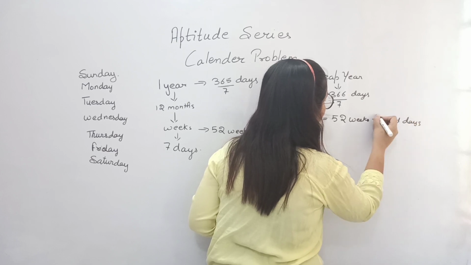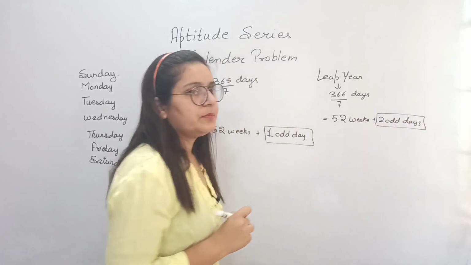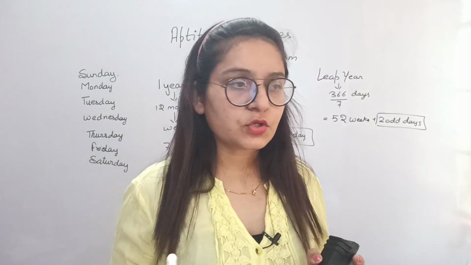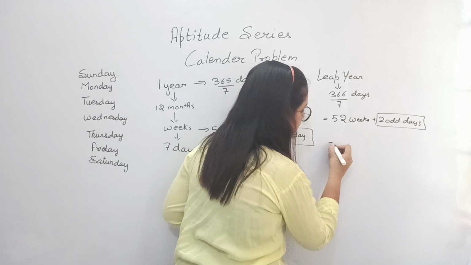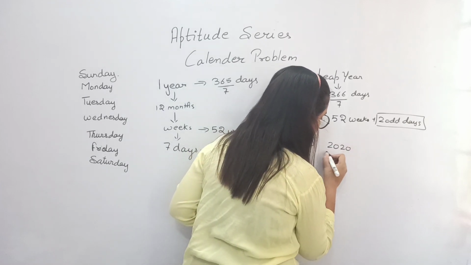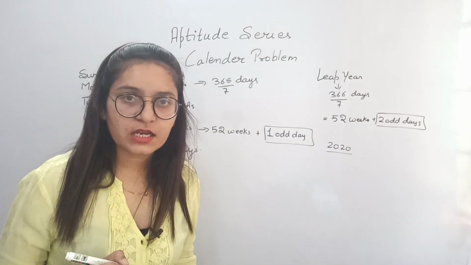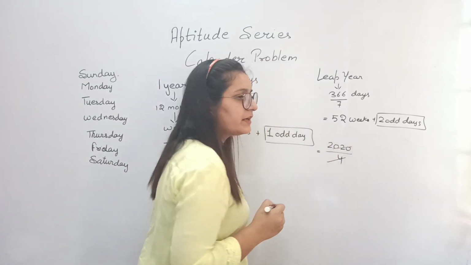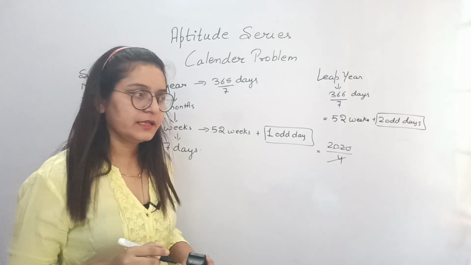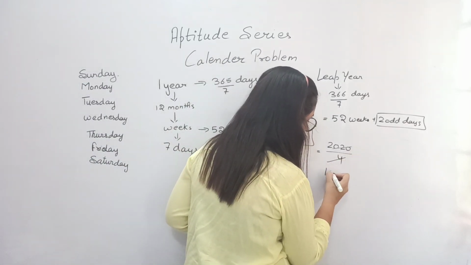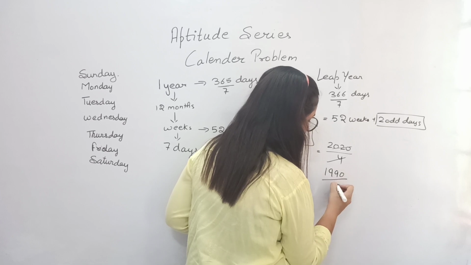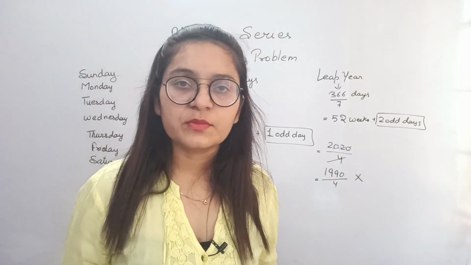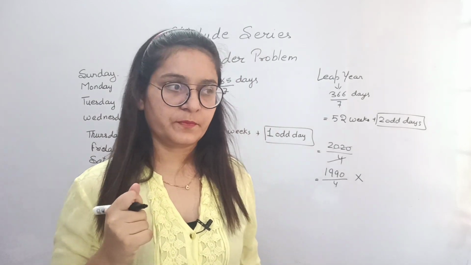I have 2 odd days in a leap year. Clear? But which year is a leap year? How will we find it? Suppose this year 2020 is a leap year. How do we know? When I divide it by 4 and it is exactly divisible by 4, then it is a leap year. Now 1990, when I divide this by 4, it is not exactly divisible by 4, which means it is a non-leap year. Clear?